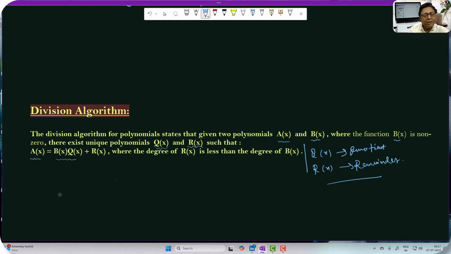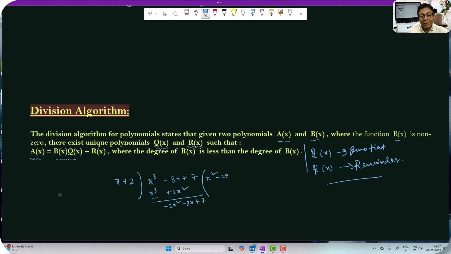Like if we divide a polynomial by x plus 2, polynomial I am taking in this form, x^3 minus 3x plus 7. Then go by normal division. Synthetic division I will tell you today only. Go by normal division here. You take x^2 here, there will be x^3 plus 2x^2. Subtract, it will be minus 2x^2 minus 3x plus 7.